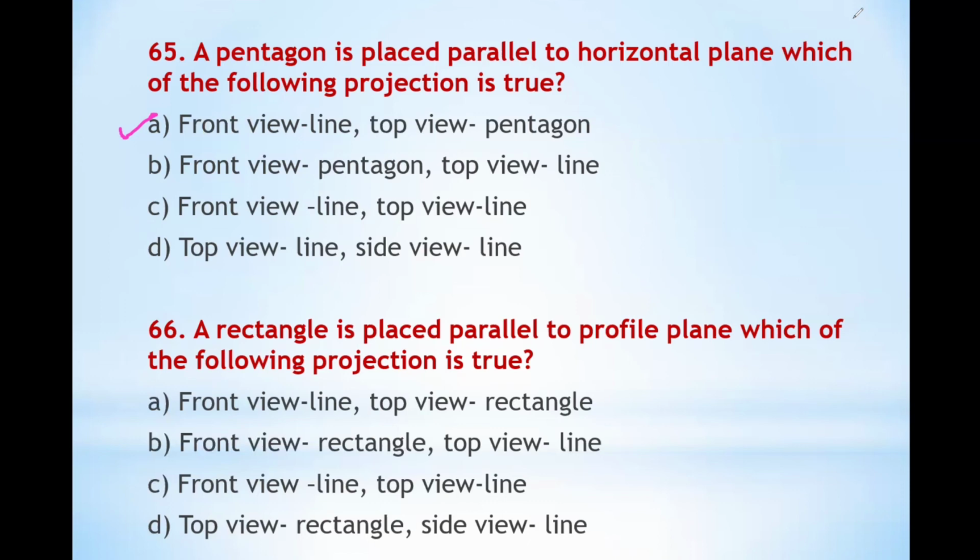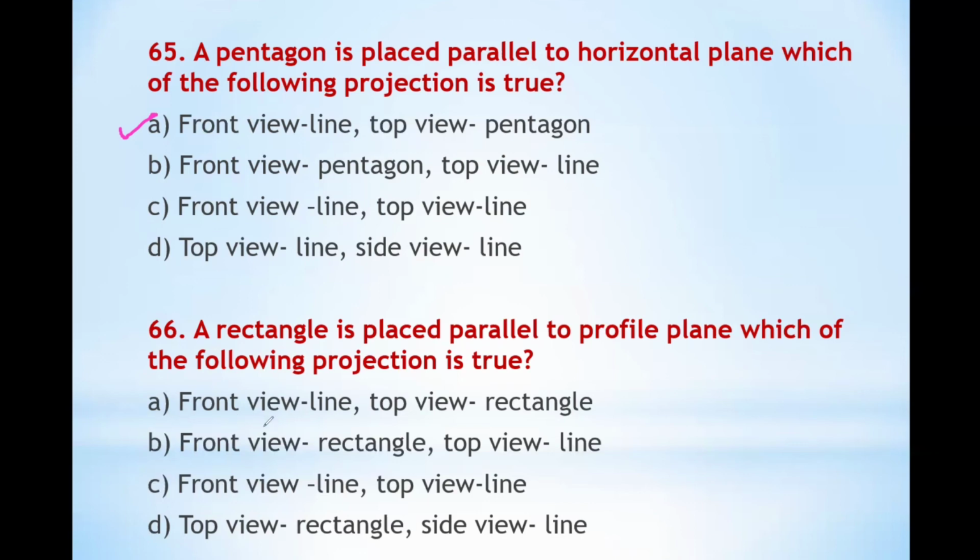That means the true shape of that plane will be a rectangle. Means the true shape of that rectangle we'll get in the side view, as it is parallel to the profile plane. Okay, we'll see the possibilities, the different MCQ options.